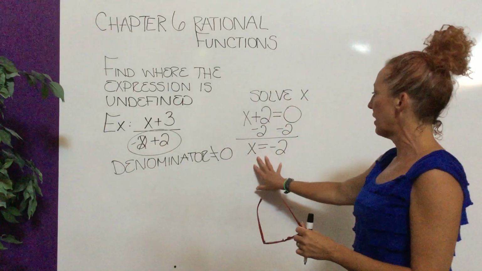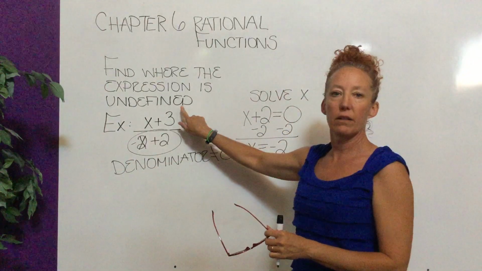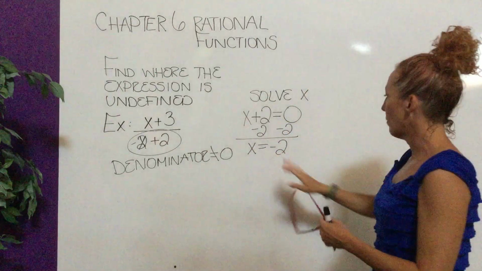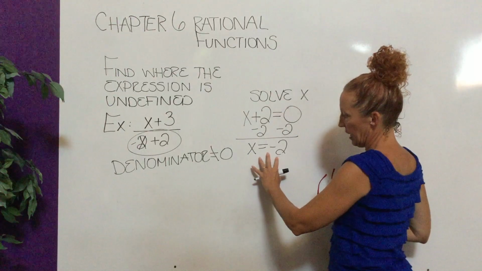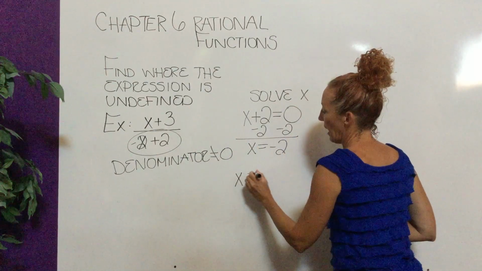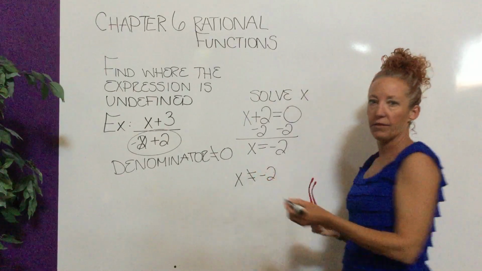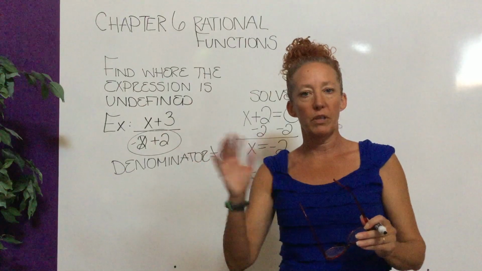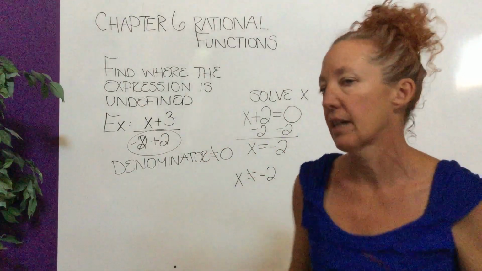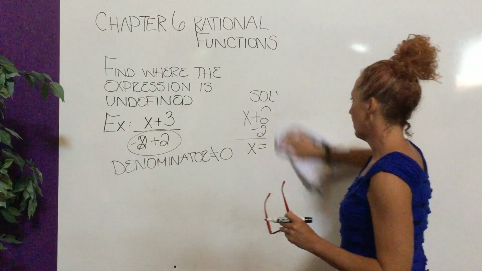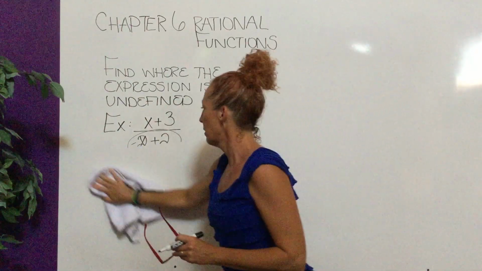So this is the point at which it is undefined. There's lots of ways to write this. You can write that x equals -2 is where it's undefined. You can say x can be anything but -2. The MyMathLab problems might toggle between what type of answers they expect you to put, so just be really careful on how the instructions are written.